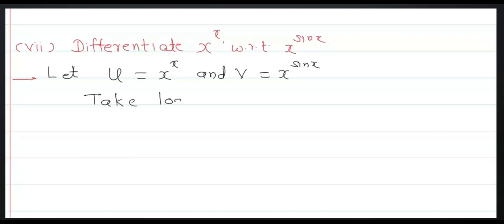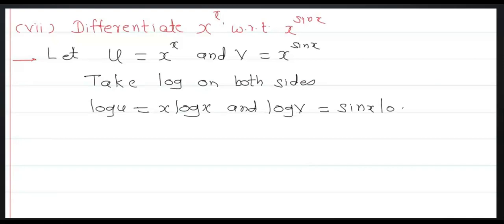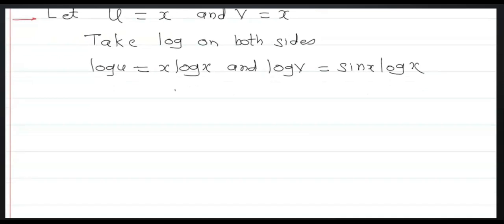This is function raised to function. Take log on both sides. Therefore, log of u is equal to x log x, and log of v is equal to sin x log of x. Now differentiate this with respect to x.